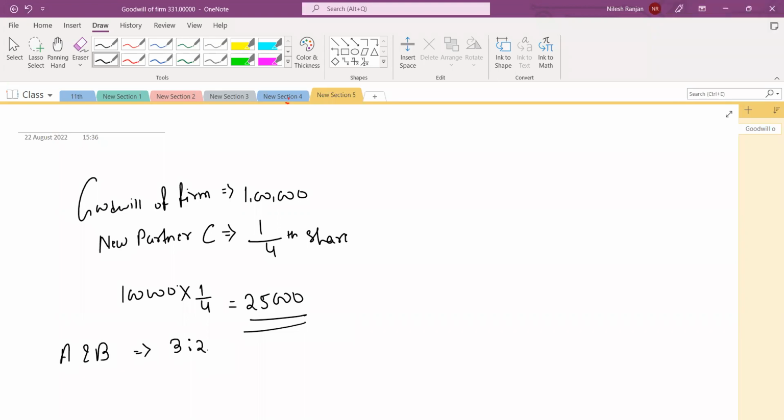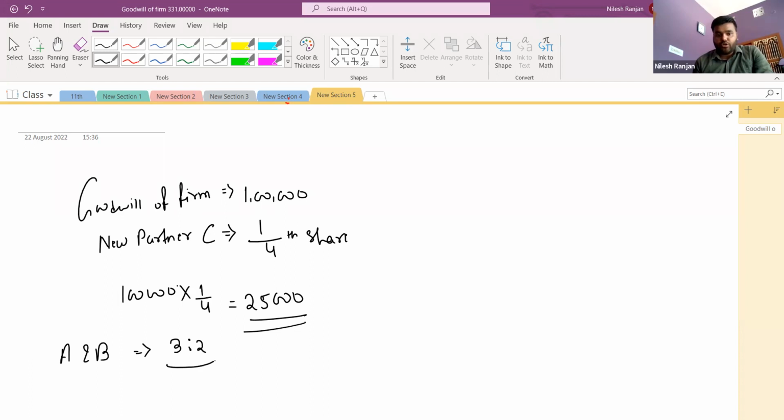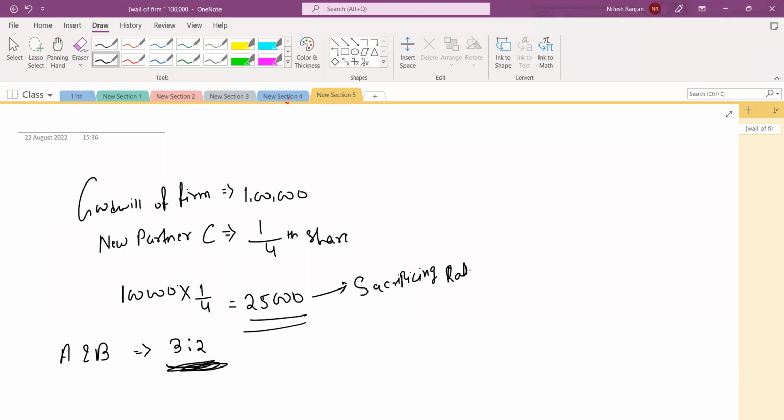You need to remember this: it is the old ratio, and goodwill is required to be distributed in the sacrificing ratio. Now tell me how it is going to be distributed and what will be the amount A and B are getting.